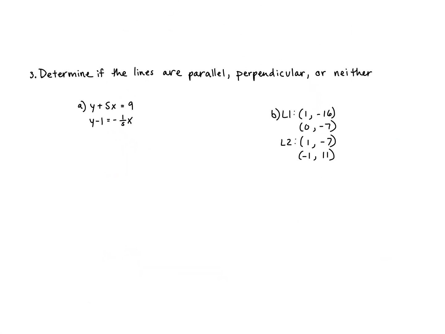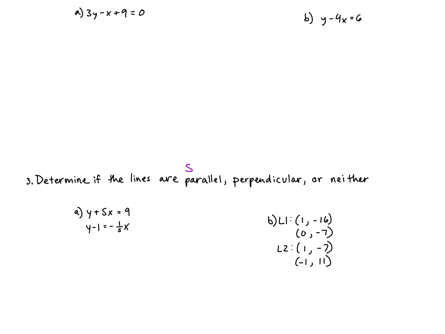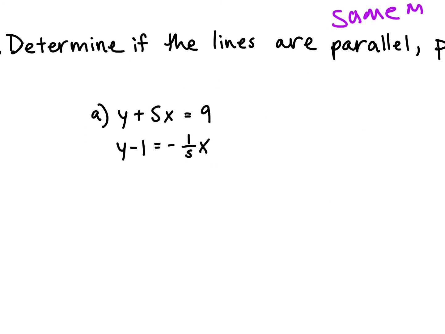All right, let's look at these two. Determining if lines are parallel, perpendicular, or neither. Parallel lines, we just said again, same slope, right? Perpendicular has opposite reciprocal, and neither is neither. So to show work, guys, I want to see all of your work, but you don't create steps that don't need to be.